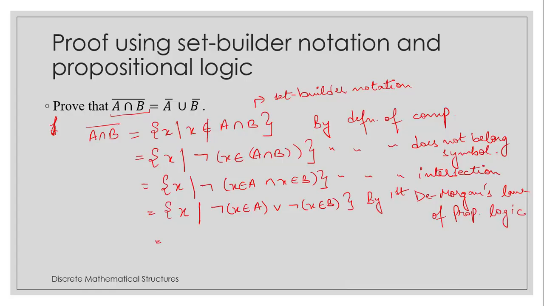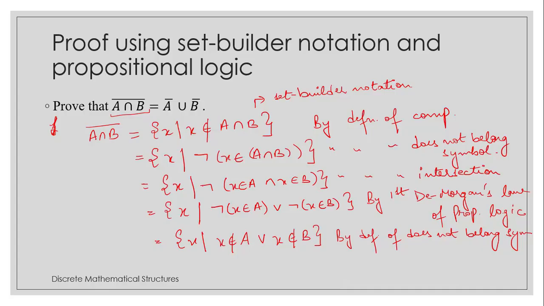Now this is equal to x such that x does not belong to A or x does not belong to B. This is by definition of does not belong symbol. This is equal to x such that x belongs to A bar or x belongs to B bar. This is by definition of complement.